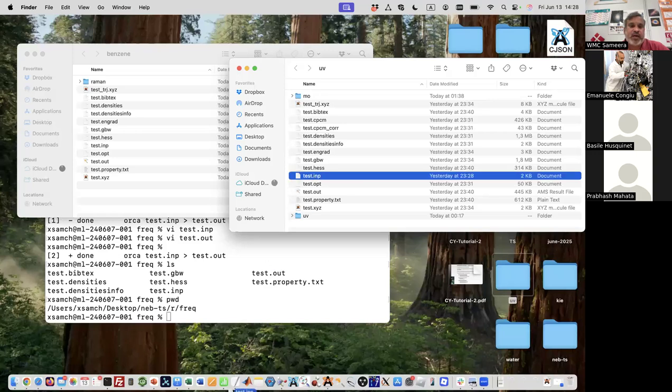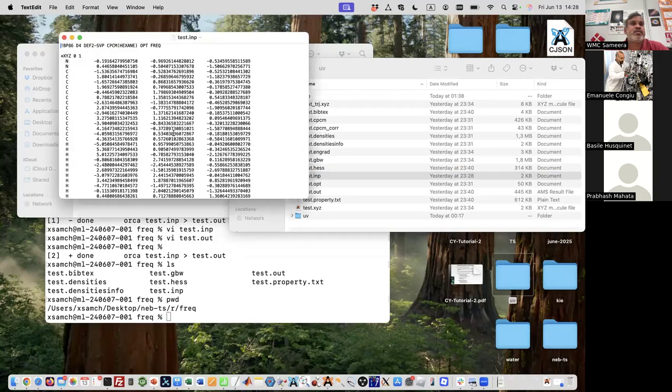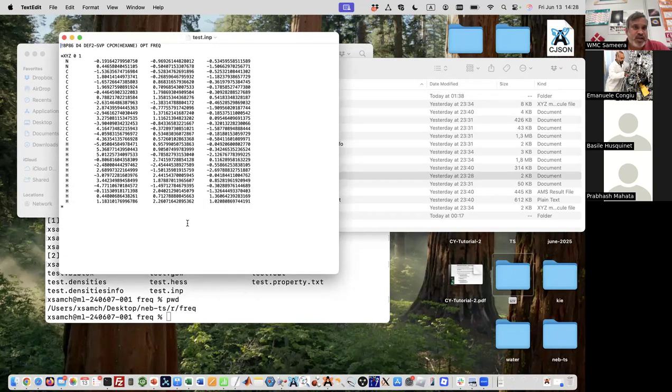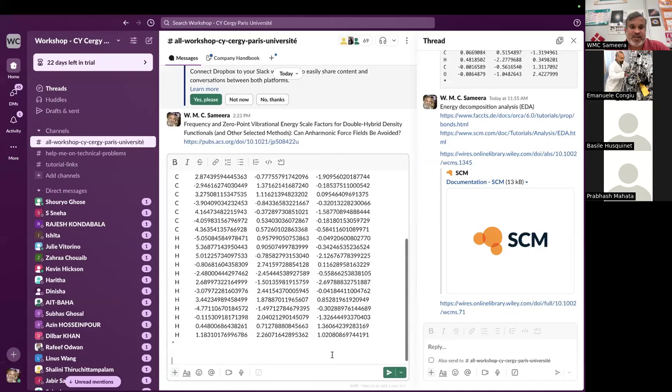Here I have the input file for structure optimization. I can share this in Zoom. Oh, I cannot share it because there are too many characters, but I will do it in Slack.